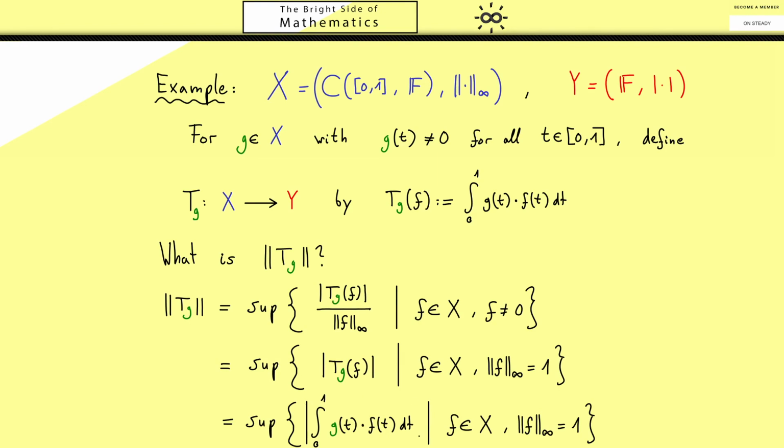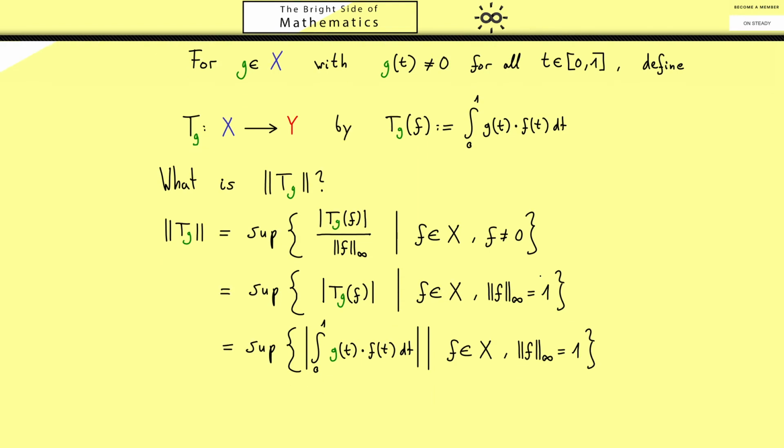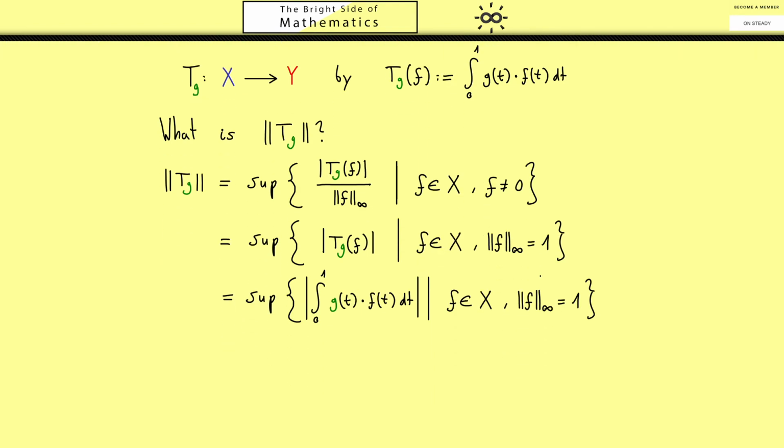We have here the absolute value of this integral. This integral is of course what we need to calculate, but maybe a better first step would be to find an estimate. Now I want to use the knowledge that pulling the absolute value into the integral only makes it bigger or it stays the same. And then we just use the multiplicativity of the absolute value, which means we can pull out the multiplication sign. Then in the next step we see that we have here the absolute value of f at some point t.